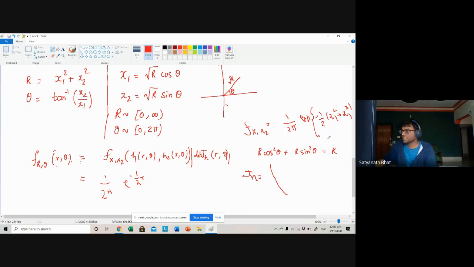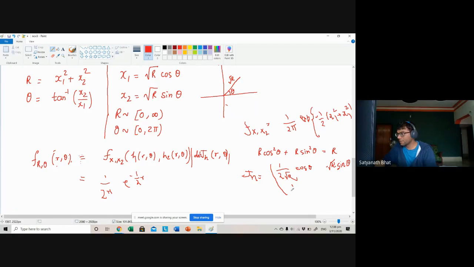So it's taking the derivative of this one first with respect to r and then with respect to theta. When you take the derivative with respect to r, you will get 1 over 2 square root of r, times cos theta as it is. The other one will give you minus square root of r sin theta.